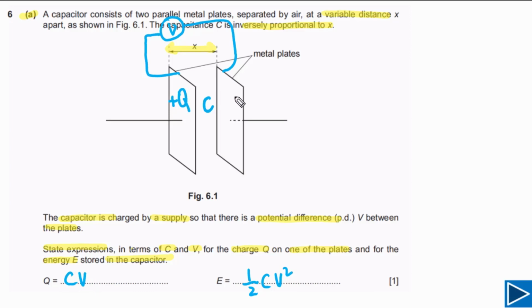And there also will be charge stored on the other plate, and that will be negative Q. These two charges are equal in magnitude but opposite in polarity. So they have opposite sign but the same magnitude.